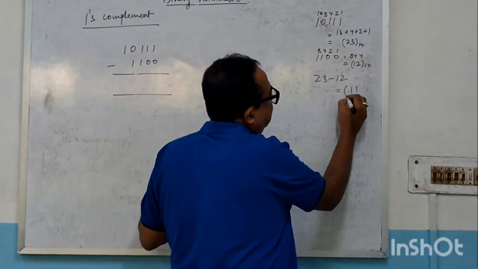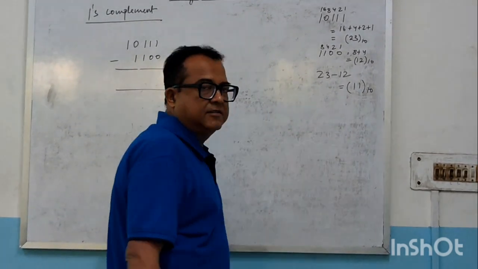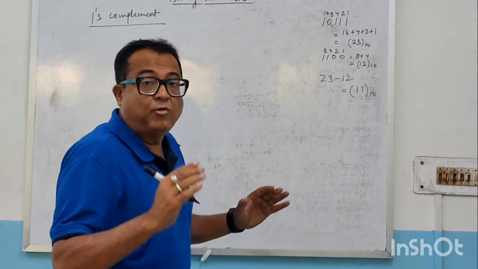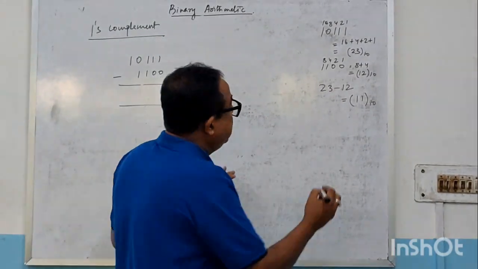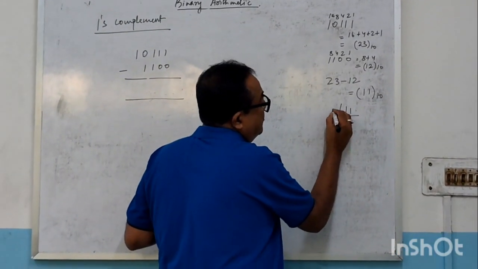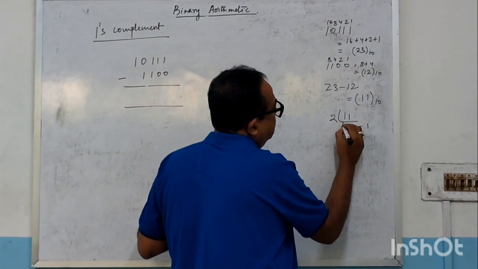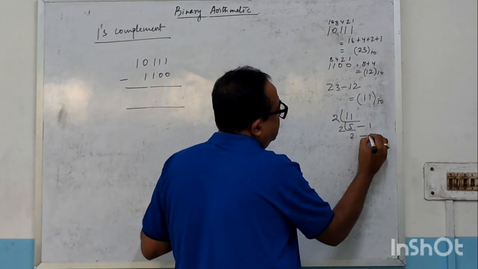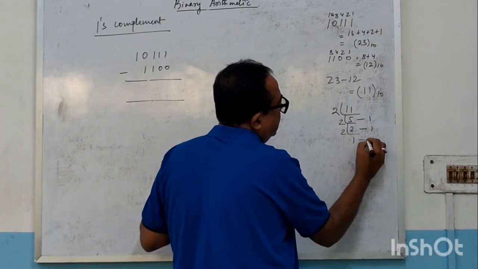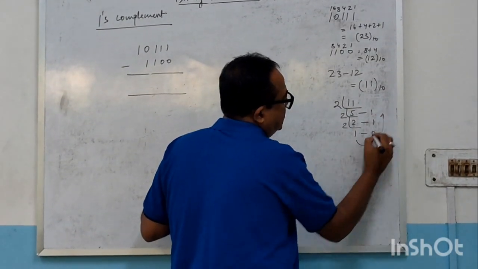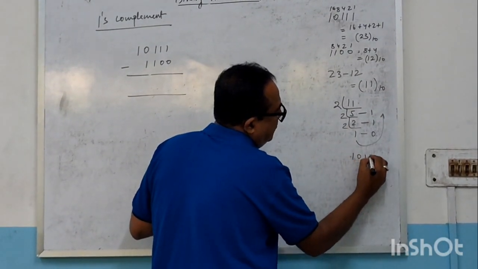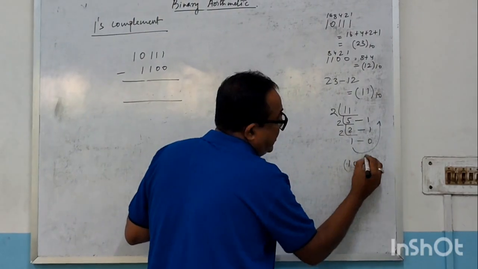Okay, 11 is the subtraction. Now, what is the binary of 11? Again, by 2, right? So 2 5s are 10, remainder is 1. So the answer 1, 0, 1, 1. This is the final answer.